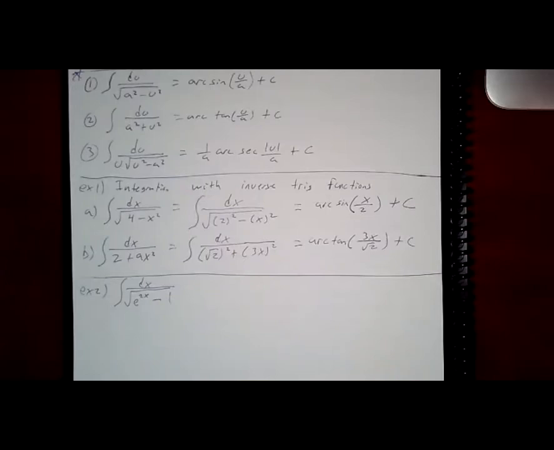But 3 needs a variable right outside the root. So we're going to have to figure out how that's going to happen.